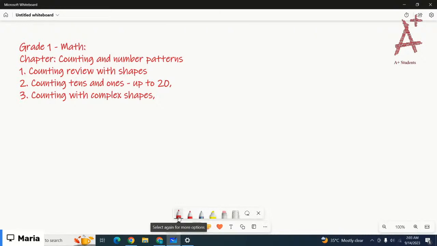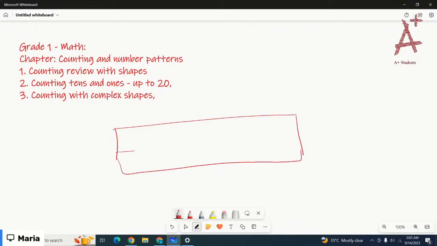So what we did in the last session, we're working on the frame. Here is the frame, and that is a frame of 10, right? You have to count how many triangles are there in the frame.